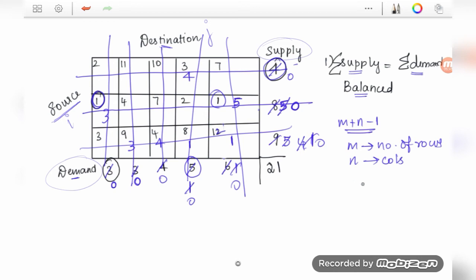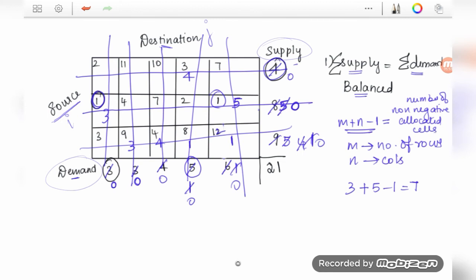The number of rows is 3, columns is 5, so 3 plus 5 minus 1 is equal to 7. If this value is equal to the number of non-negative allocated cells, then it is said to be non-degenerate.